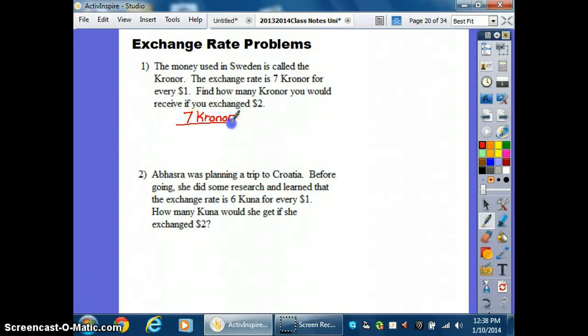If 7 kroners gives me $1, how many kroners am I going to get for $2? Okay, everybody. How many kroners? 14. 2 times 7. Easy.